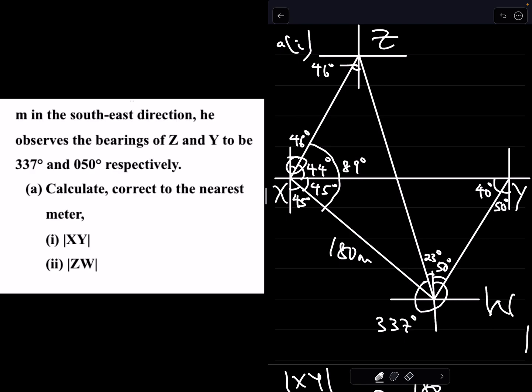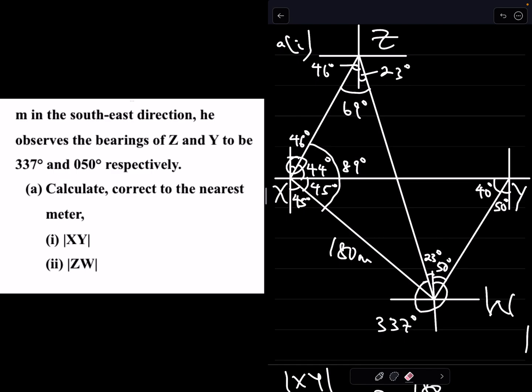So this angle 23 degrees is the same as this angle. They are both alternate angles. That's also 23 degrees. So that means the whole of this angle is 69 degrees. We can now go ahead and find the length ZW.